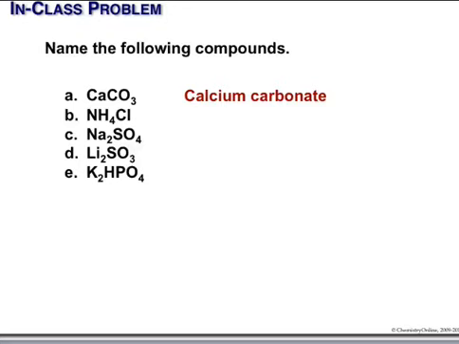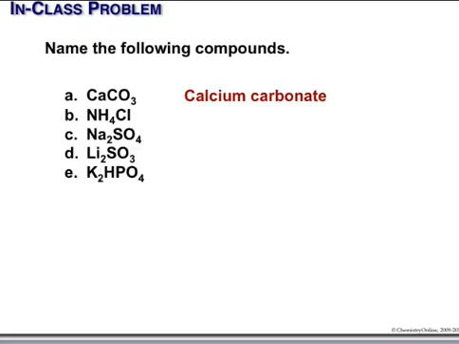Now in our next compound here, NH4 is our one and only cationic polyatomic. Remember? The only positively charged polyatomic that we're going to do in all of 110.